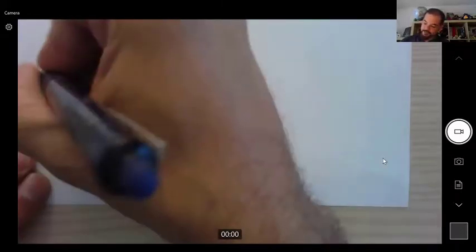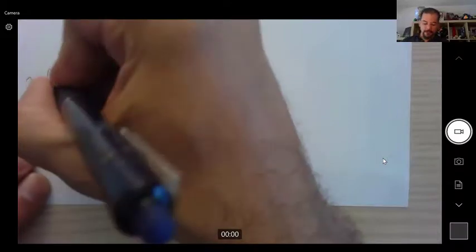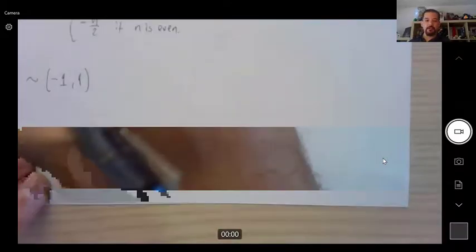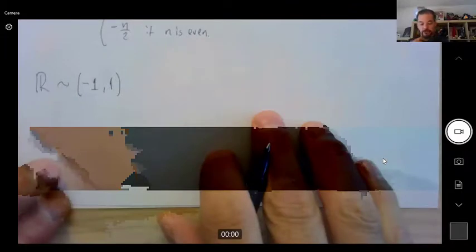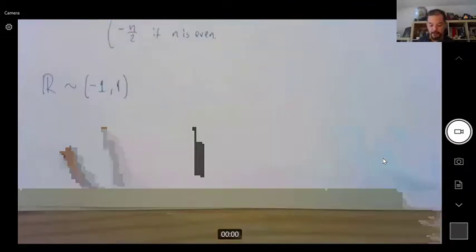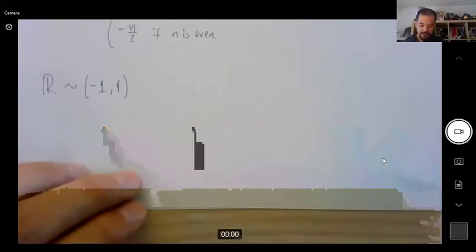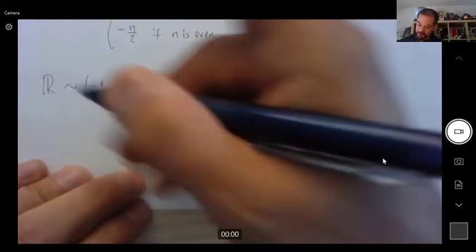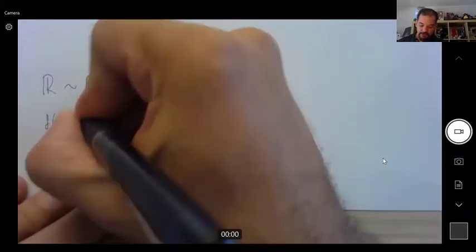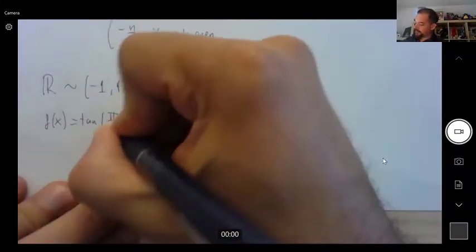Don't worry about it. So the entire set of real numbers, for example, is the same cardinality as the interval from -1 to 1. Okay, and there's many ways of doing this, but probably the easiest. So here's one way. If I look at the function tangent of pi halves x, right?